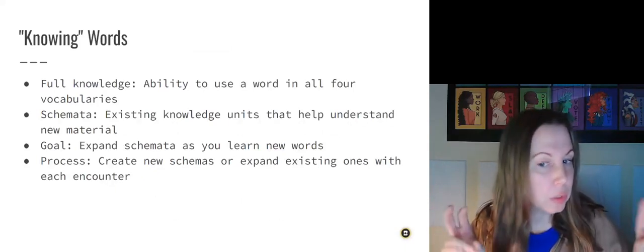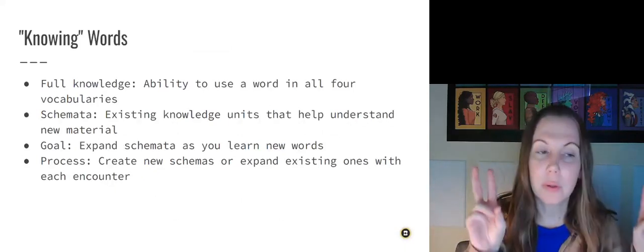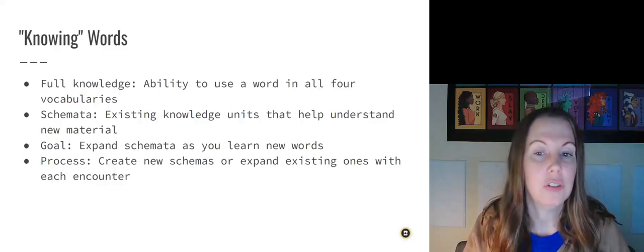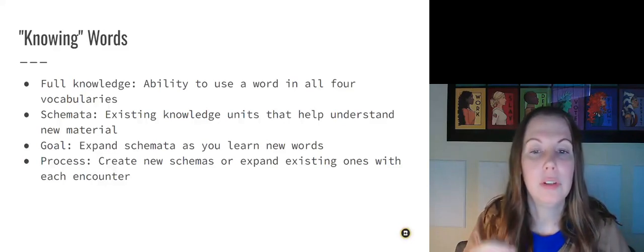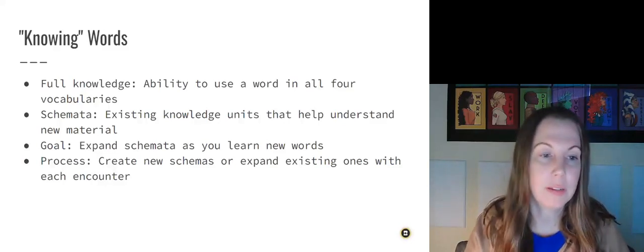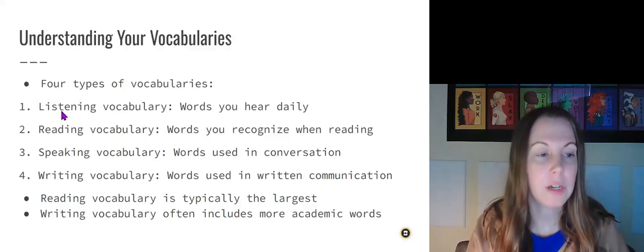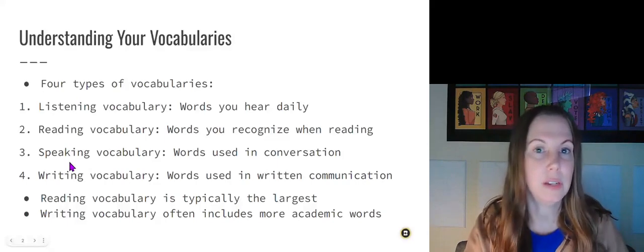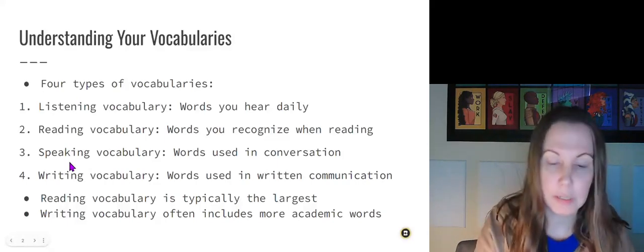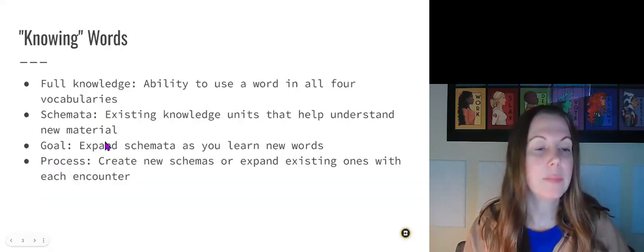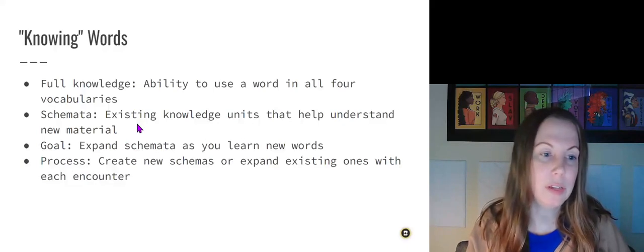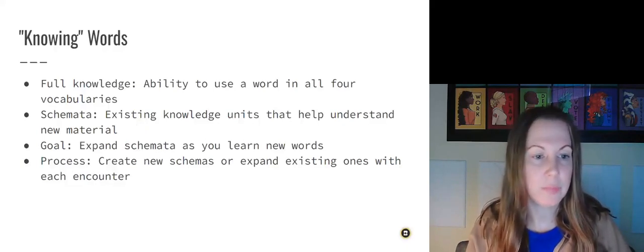So knowing words, in quotation marks, full knowledge is that you are able to use a word in all four of these categories, meaning when you hear it, when you see it, you can speak it, and you can use it in a sentence or essay. Schemata is existing knowledge that helps you understand new material.